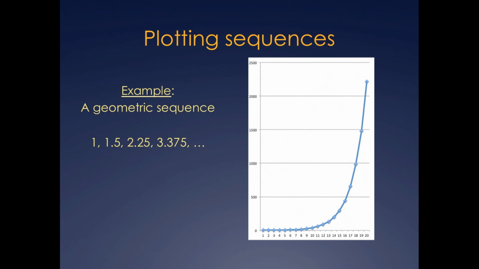Those numbers are so small on this scale that you can't really see anything going on. But eventually you see that we're forming this interesting sort of curve that's suddenly going upward, spiking upward there. This is what a plot of a geometric sequence will often look like.